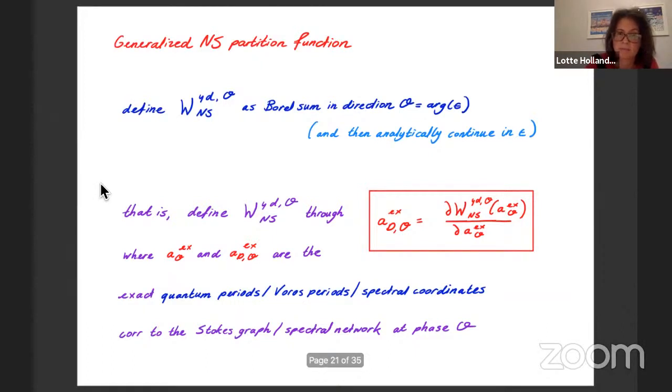So you could define a generalized Nekrasov-Shatashvili superpotential, again through a similar equation, but now the quantum periods are defined with respect to this phase. You can either compute them as Fourier periods with respect to this phase, or as spectral coordinates corresponding to the corresponding Fenchel-Nielsen network.